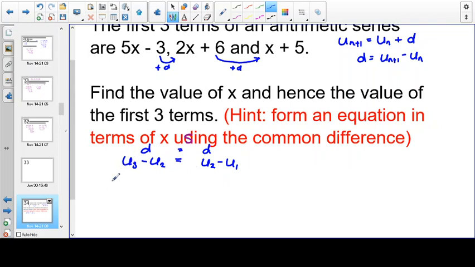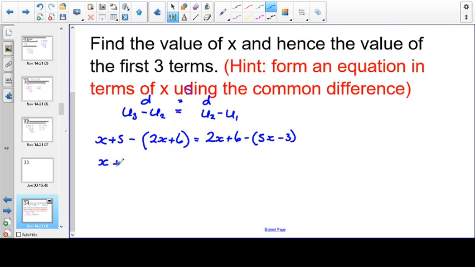So U3, x plus 5, take the second term, so just use brackets, because it's take all of that. That's equal to the second term, take the first term.